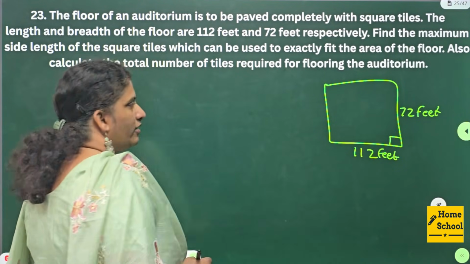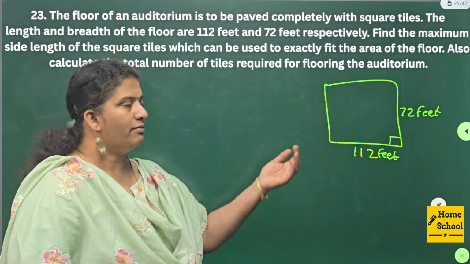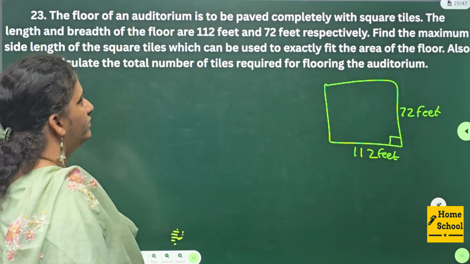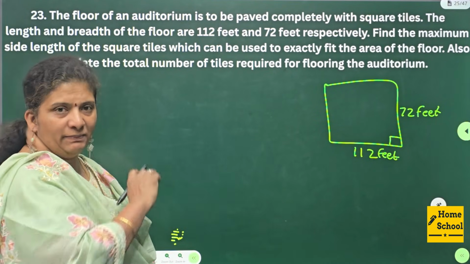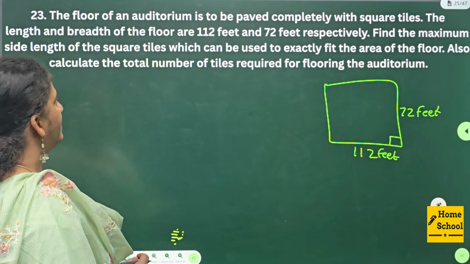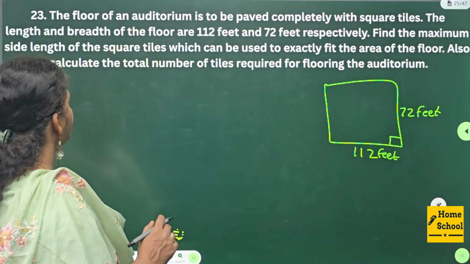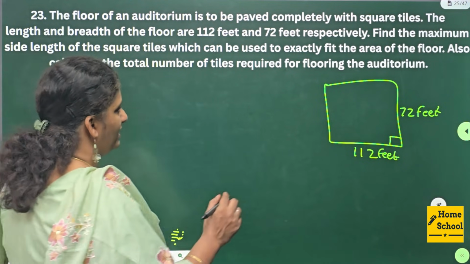See, this auditorium is in rectangular shape, length 112 feet, breadth 72 feet. It should be paved completely with square based tiles. The length and breadth of the floor are given respectively. Find the maximum side length of the square tiles.